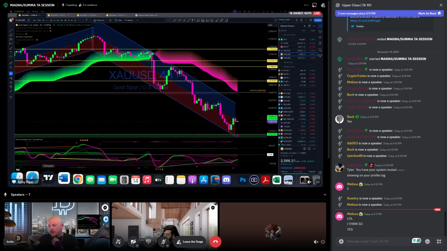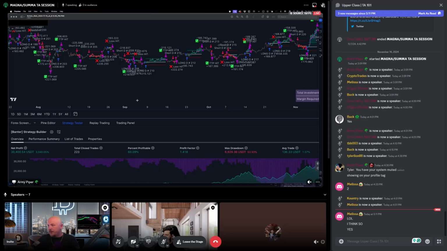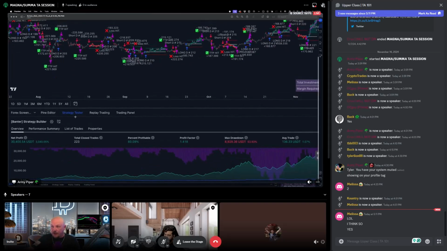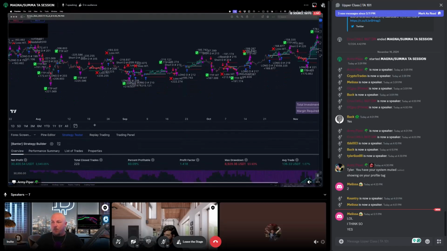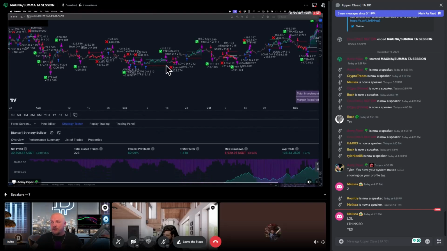So this picture that I was showing here is actually the strategy tester. It back tested all the way back. These aren't actual trades that it did. This is saying, based on the indicator inputs that you gave us, if you were to trade on those calls and take profits, this is what it would have made in this period of time. This did the backtesting for you based on this strategy tester.